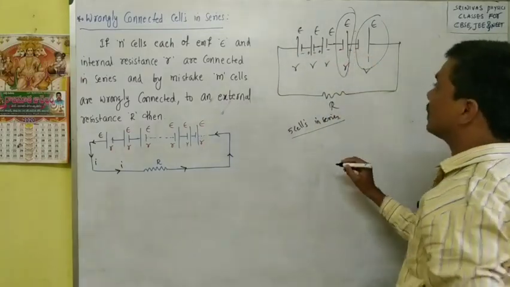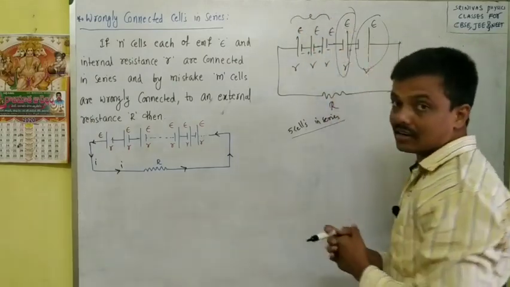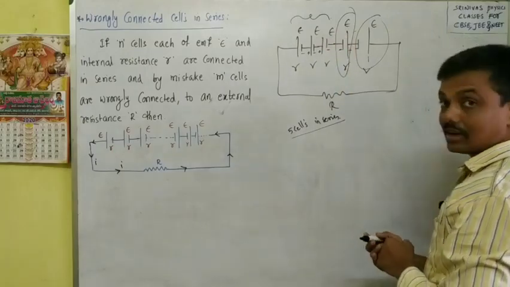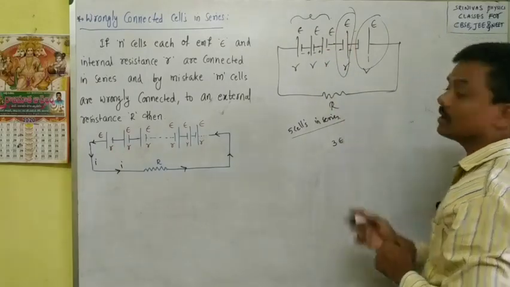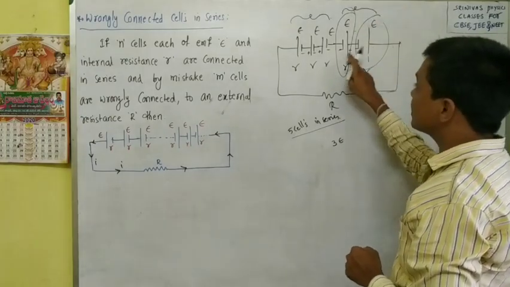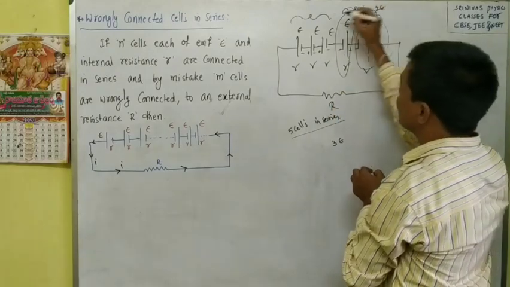Then how do we find the effective EMF? Look here. These 3 cells are rightly connected. That means their total EMF is 3E, and these 2 cells are wrongly connected, their total EMF is 2E.